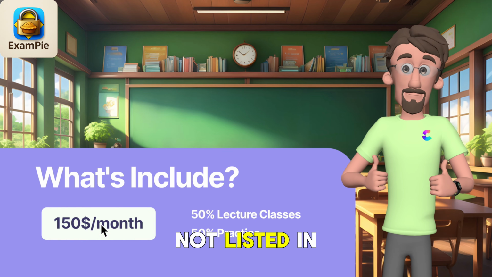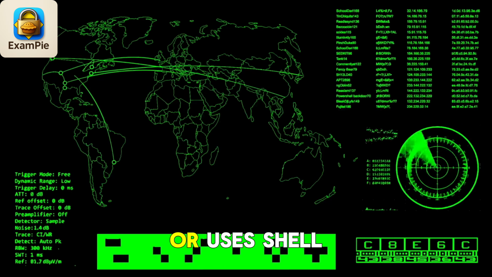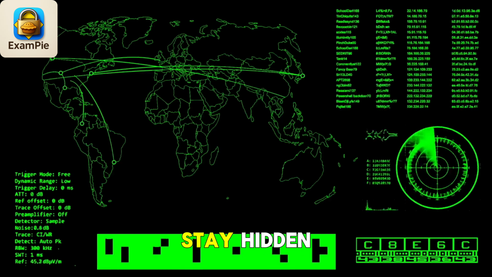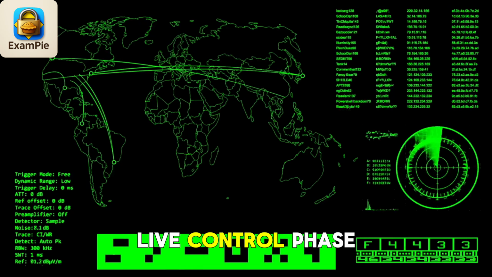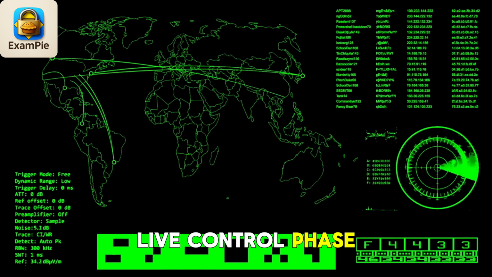System check phase. Pearson VUE runs a strict system scan before launching the exam. It checks for running applications, services, background tasks. But the expert's tool doesn't show up because it hooks at the kernel level or uses shellcode injection to stay hidden. Live control phase. Once the exam begins, the expert is silently connected.